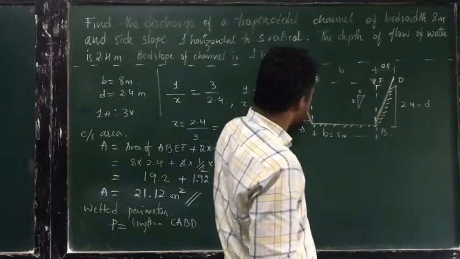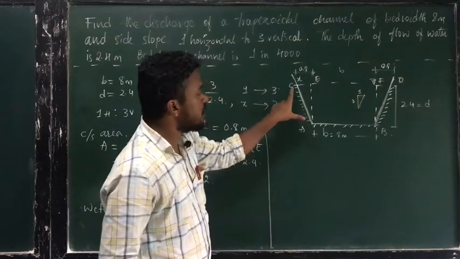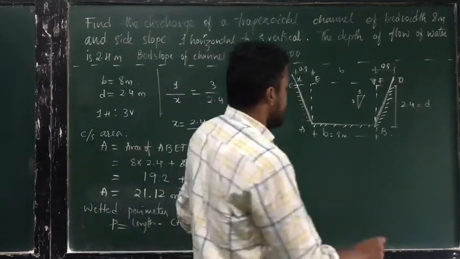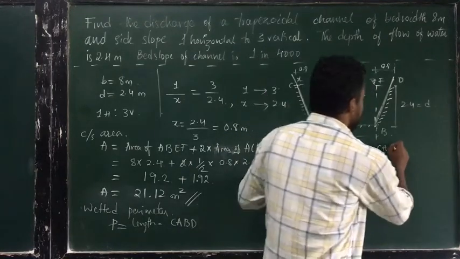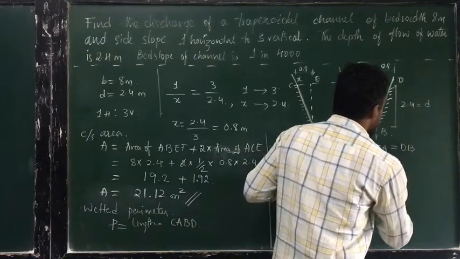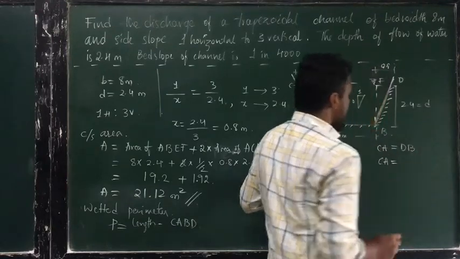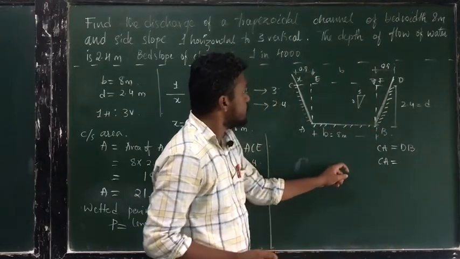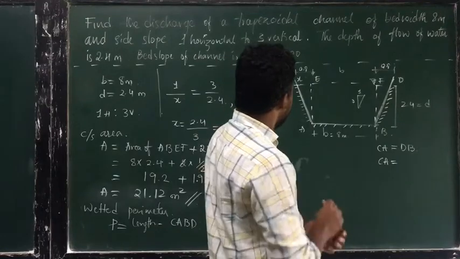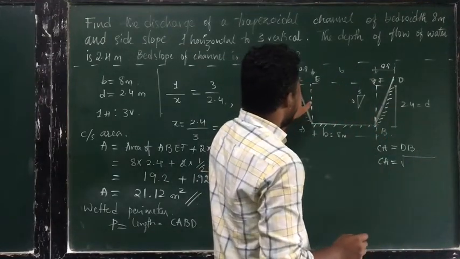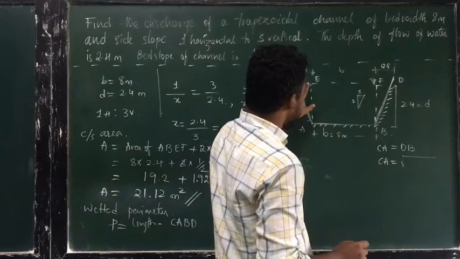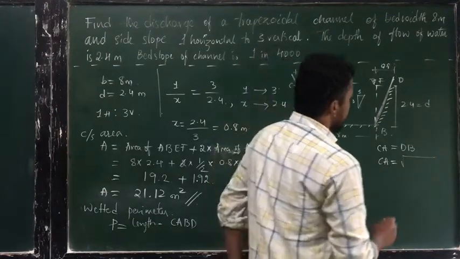So here I am going to use Pythagoras theorem to calculate CA. So CA, which is equal to DB, CA is equal to square root of 0.8 square plus 2.4 square.